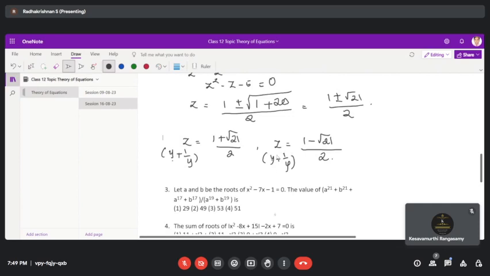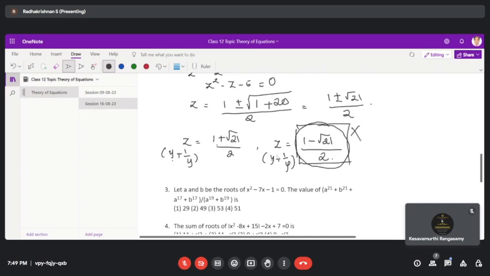Okay, so this is a negative number. We can easily see that this is a negative number, right? Because 1 minus root 21, with root 21 more than 4, becomes a negative quantity. Divided by 2, it is a negative quantity. This is a positive quantity. So can this be a solution?